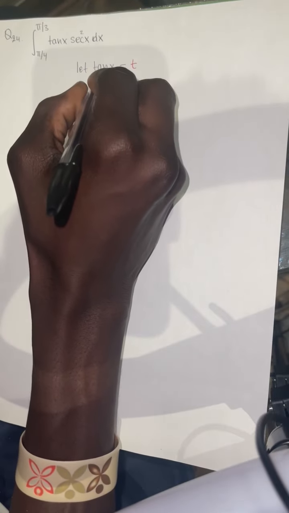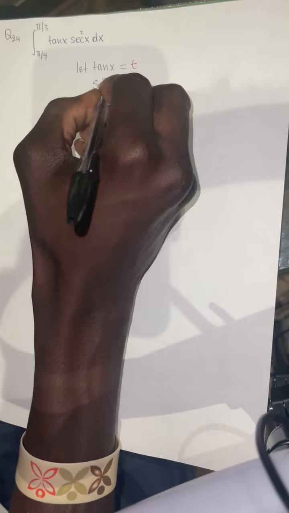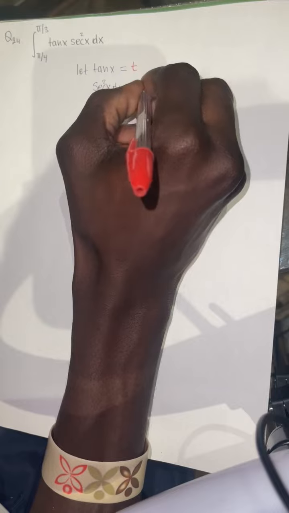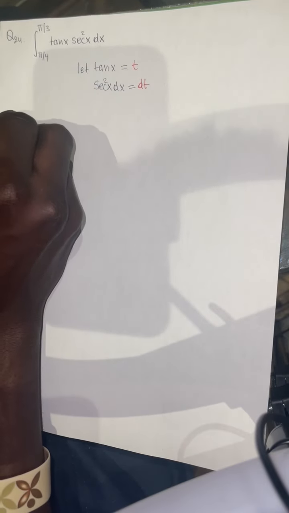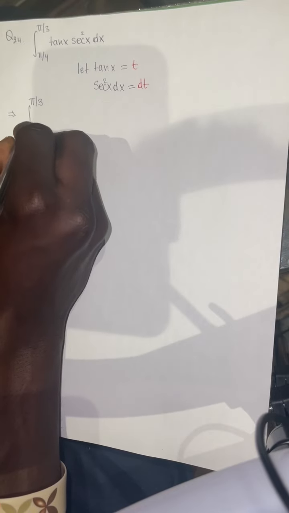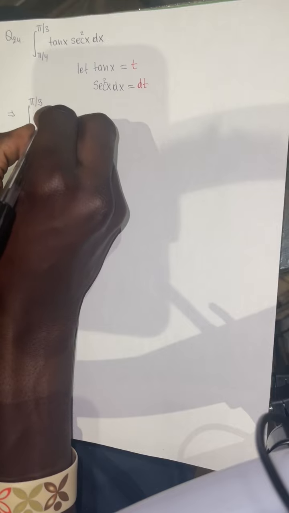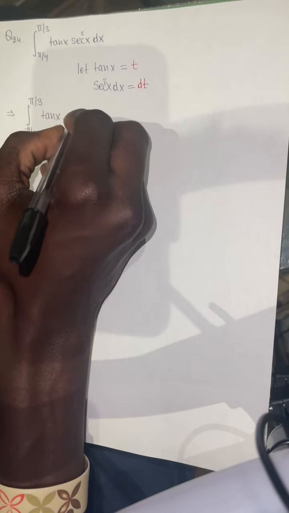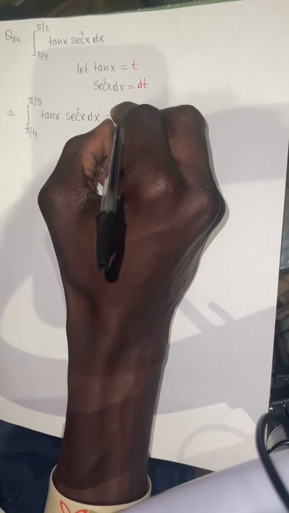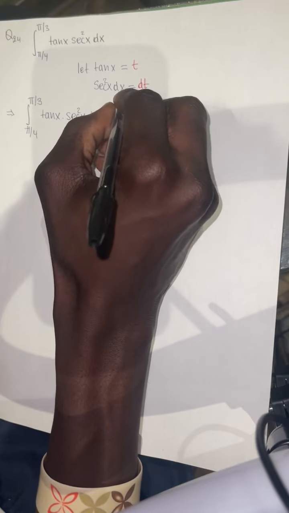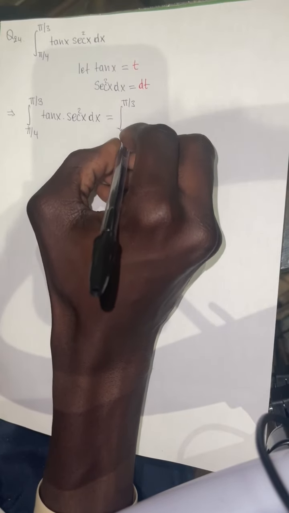And then you take the derivative of both sides. The derivative of tan with respect to x is sec squared x dx equal to dt. So now we realize that at this part, we already have it. And then this is t. So now this integration can be the integral from pi over 3 to pi over 4 of tan x times sec squared x dx, which is going to give the integration from pi over 3 to pi over 4.